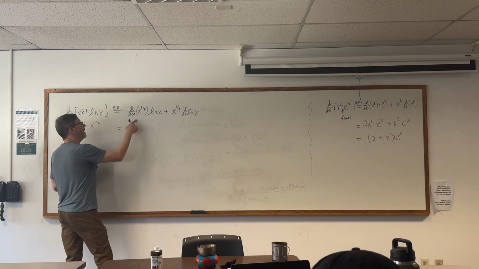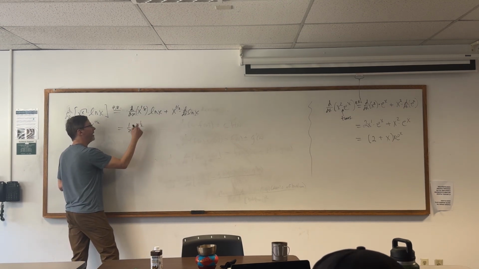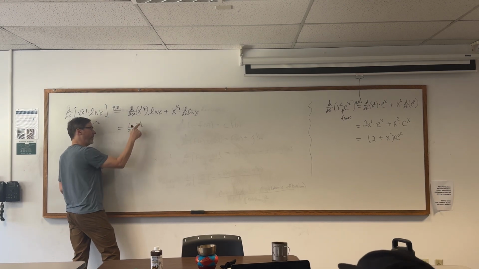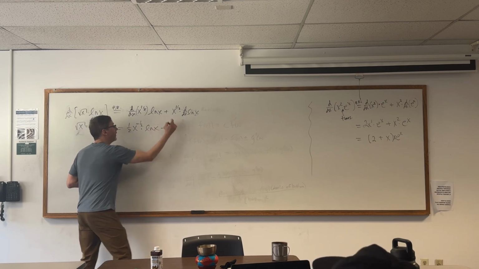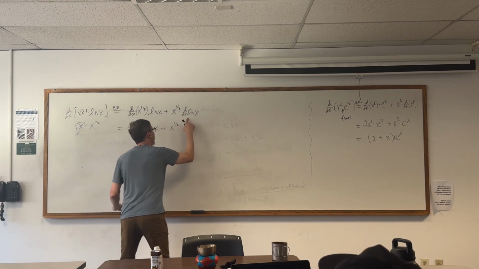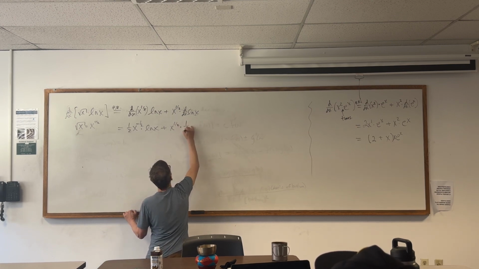So, power rule, bring the 1/2 out in front, x goes to the negative 1/2. 1/2 minus 1 is negative 1/2 times natural log of x plus x to the 1/2. And as we reviewed either in the videos or at the start of class, that's just 1 over x.